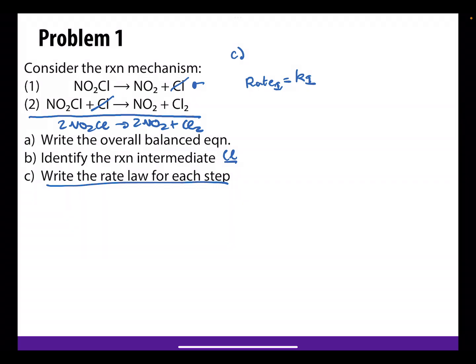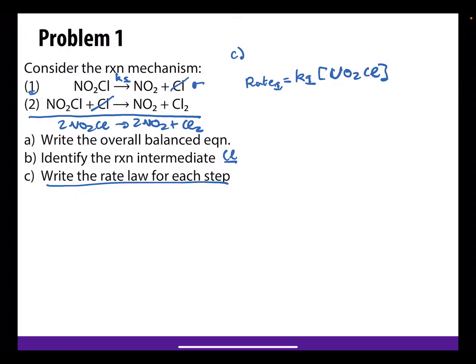It would be conventional to call it K sub 1, just to refer to that it's step 1. Sometimes we'll write K1 over the arrow there just to highlight that that's the value of the rate constant here. Doesn't make a huge difference, but it just keeps track of the fact that now we have rate constants for each individual step. Times NO2Cl.